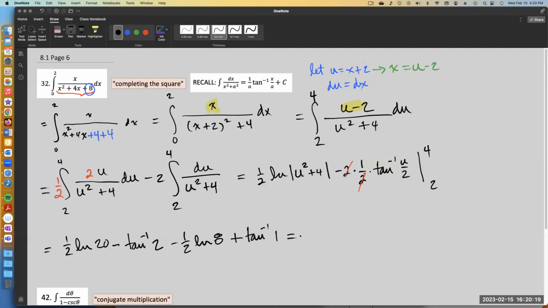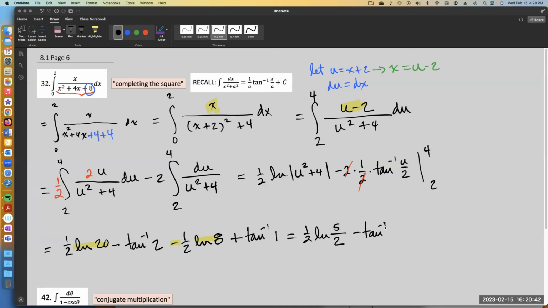We can do a little simplification here. Notice that we have a log minus a log. A log minus a log turns into a division. So this is going to be 1/2 natural log of 20 over 8. 4 goes into 20 5 times, 4 goes into 8 twice.